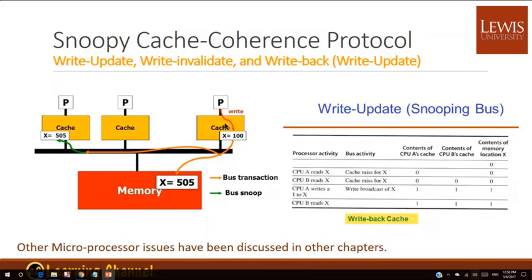So with write back, when you write to here, you can also invoke write update, either at the same time or later. Write update is to update other people's copies. Another term is write invalidate. Write invalidate means when I write this, I invalidate the other copy.